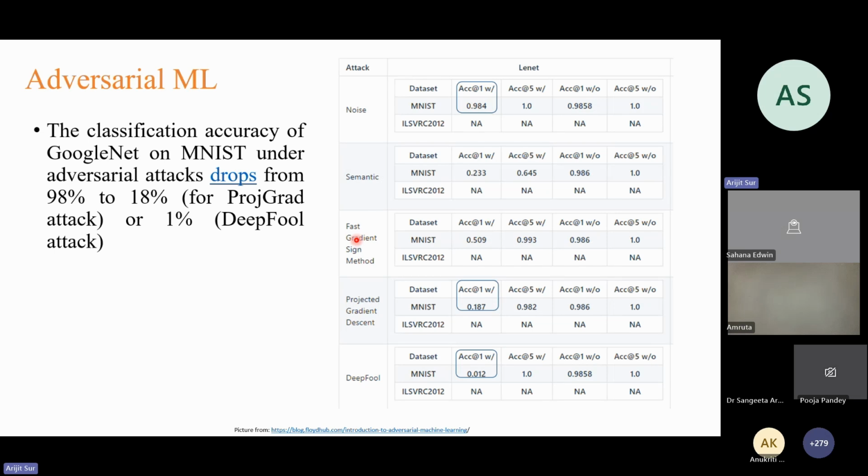But with this kind of FGSM, which is a very important attack, and PGD, projected gradient descent, you can see how seriously the accuracy has dropped. This is 18%. This is 1%. So you can see it goes from 98 to 18% or 1%. DeepFool is a very well-known attack nowadays.